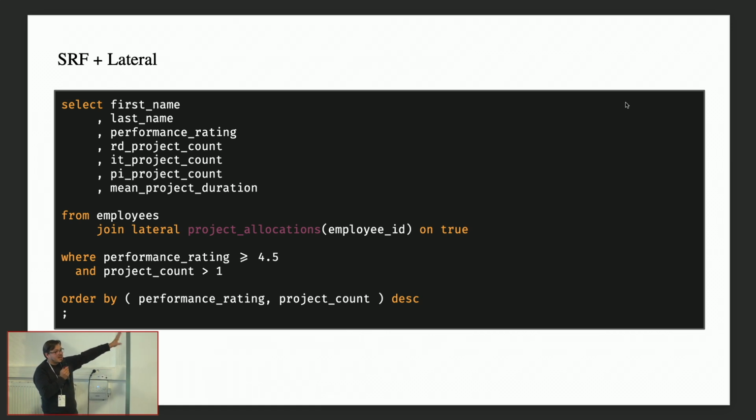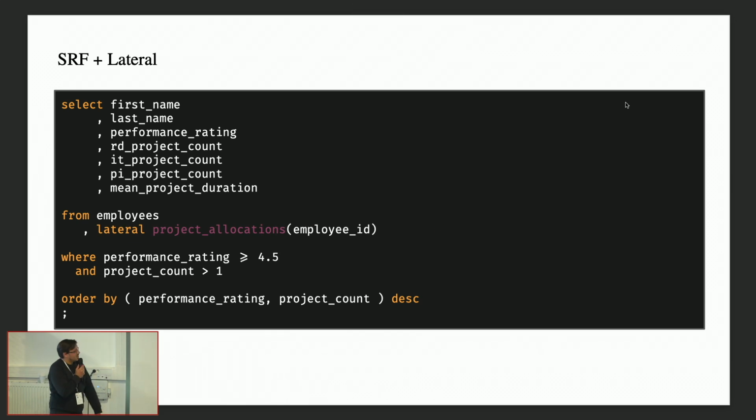And using this, I can have side queries, fetch data from other tables, do my one-to-n relationships and so on, and get it back into my main result set, maybe aggregating and so on. So here I can join lateral, and have all my columns joined into this. Join lateral on true is not very satisfactory, but thanks to Postgres, you can factor it away, because what we want to do is a cross join between what we get and the employee table, so you can write it like this, which is pretty neat.